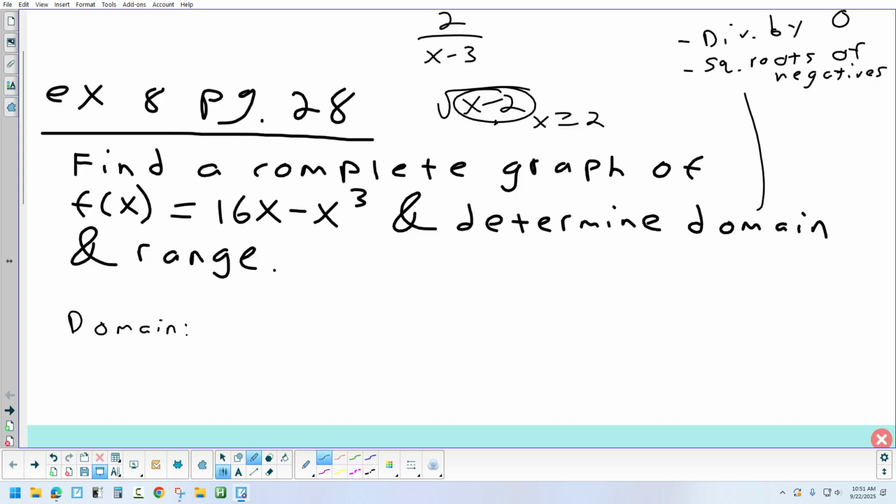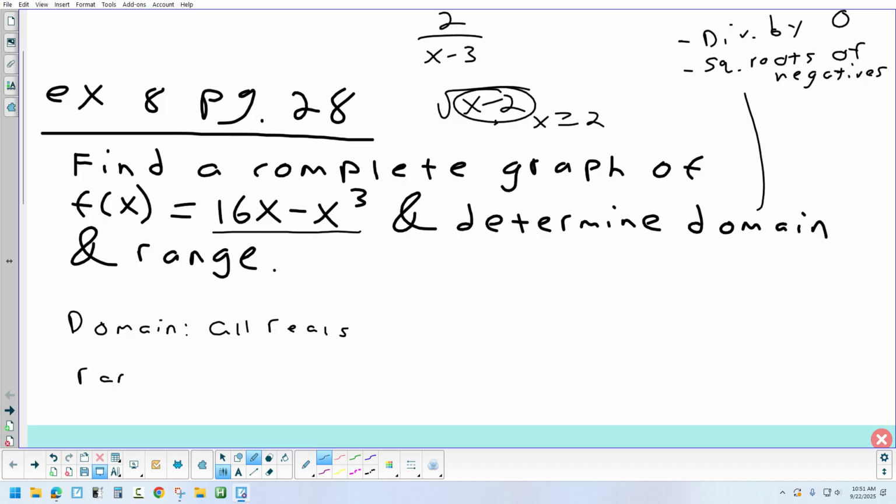So the two things that could give you a problem in the domain are not in f of x. What do you think the domain is then? All real numbers. The two things that I said to be careful for are not in that question. So the domain is all reals.